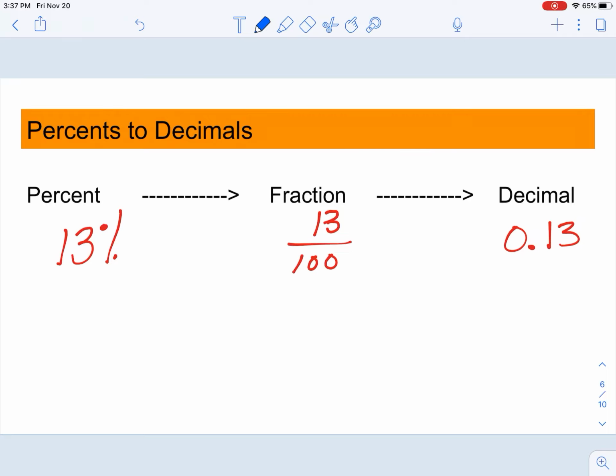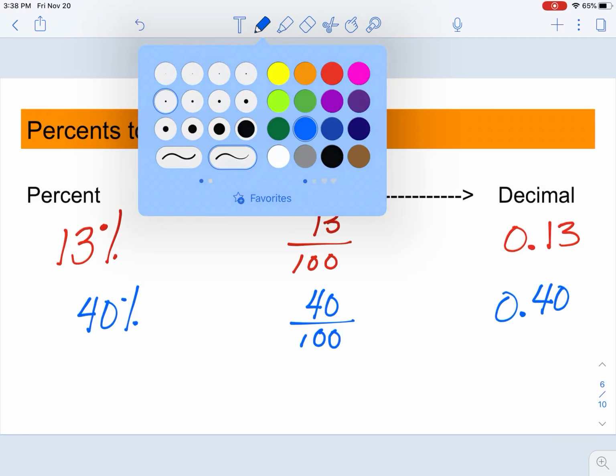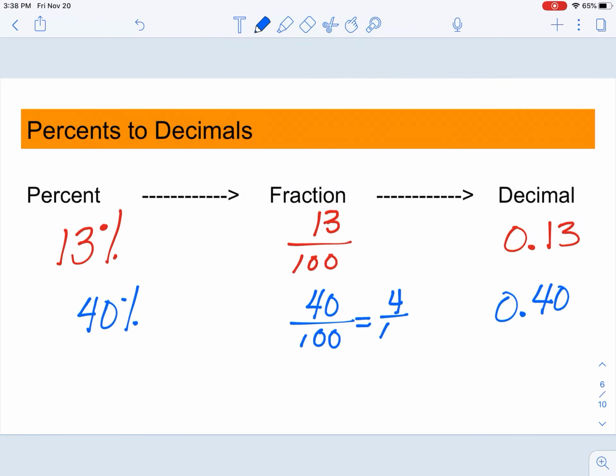Let's try 40%. 40% is the same thing as 40 over 100, which would make a decimal of 40 hundredths. Or you could also write that same thing as 4/10. Okay, those are the same thing. Having a 0 at the end doesn't change the value.